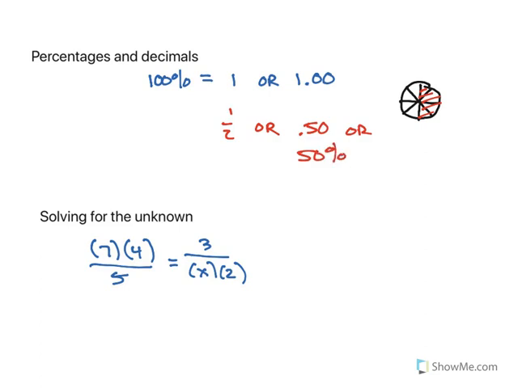So as you go through all those problems, remember that 100% equals 1, or 1.00, and then percentages are expressed as decimals. So 50% would be the equivalent to 0.5.